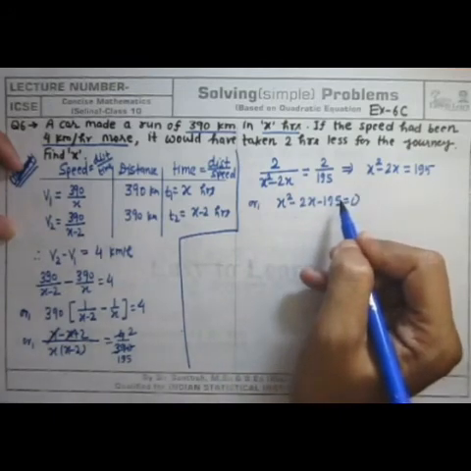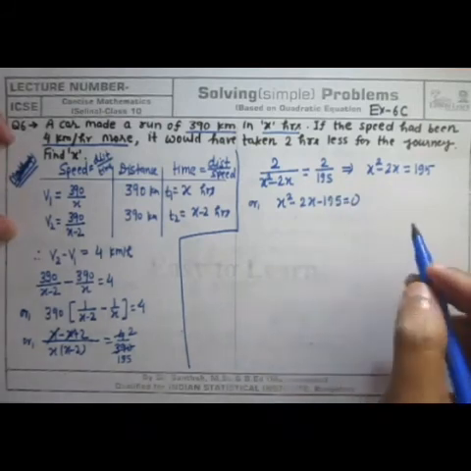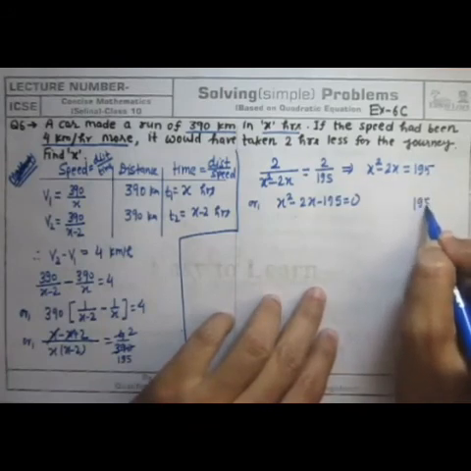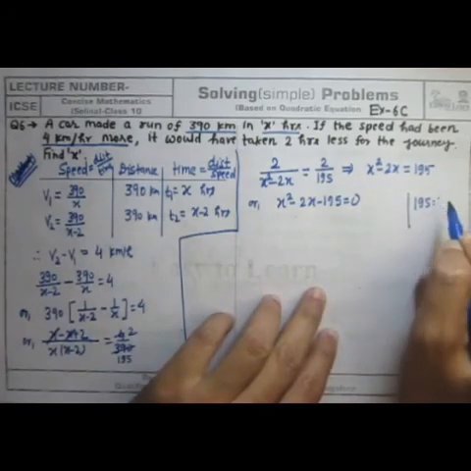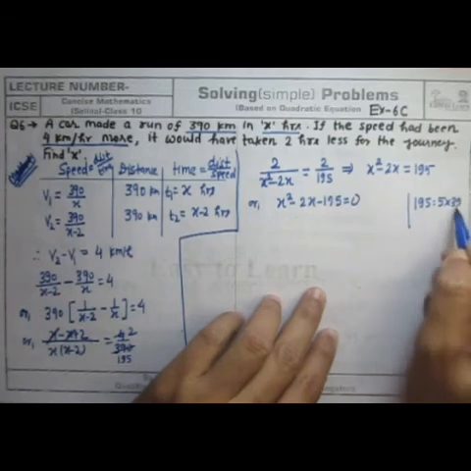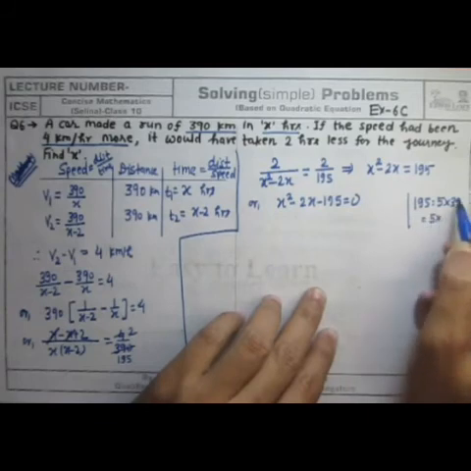Now you can solve this quadratic equation by any method as you wish. So let me solve. 195 can be written as 5 into 39. Here the difference is not 2, so 39 can be written as 13 into 3, so 15 into 13.